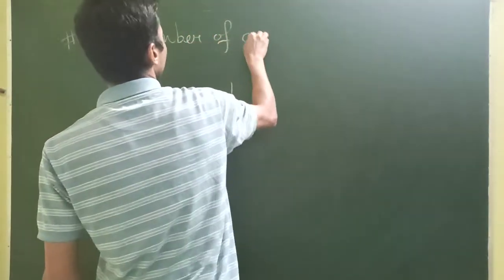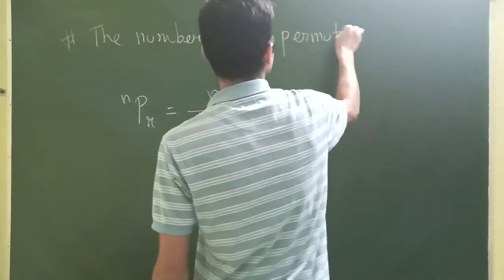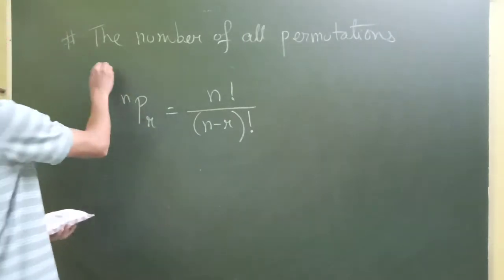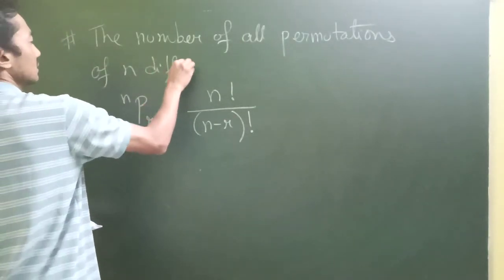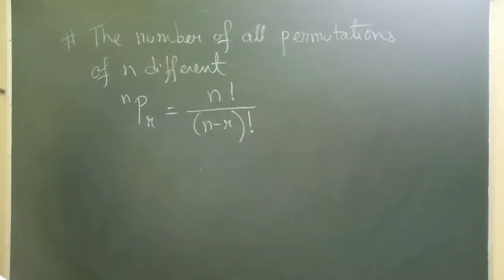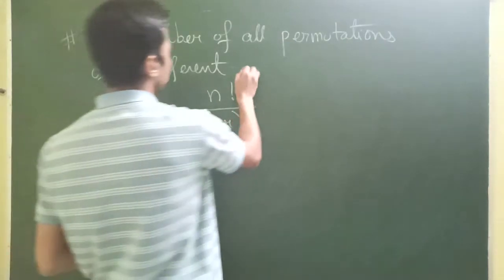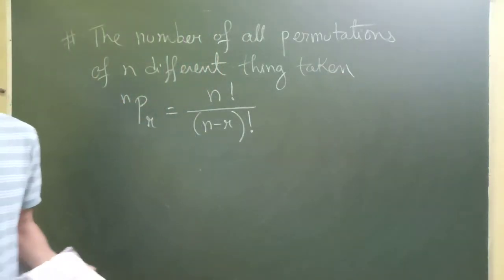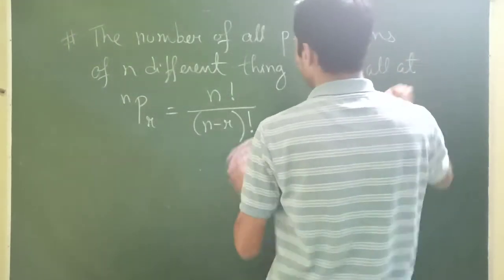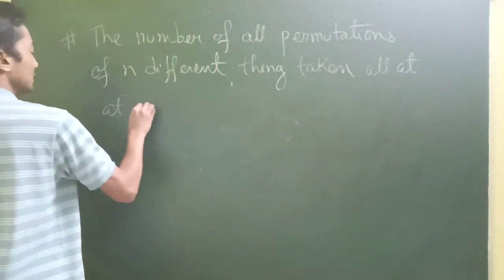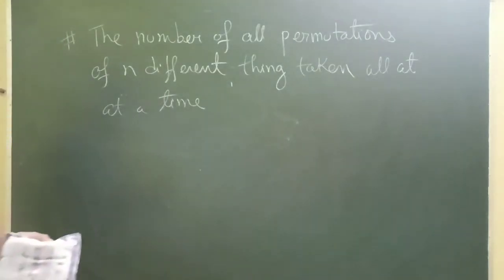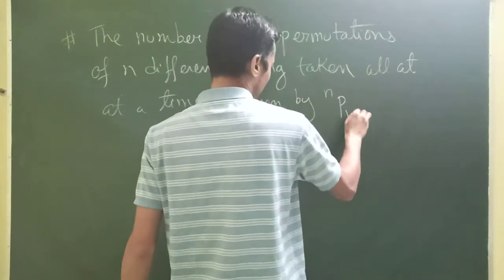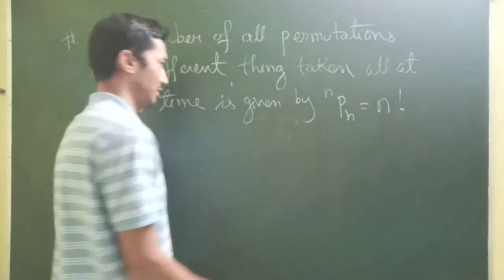The number of all permutations of n different things taken all at a time is given by nPn, and that is n factorial.